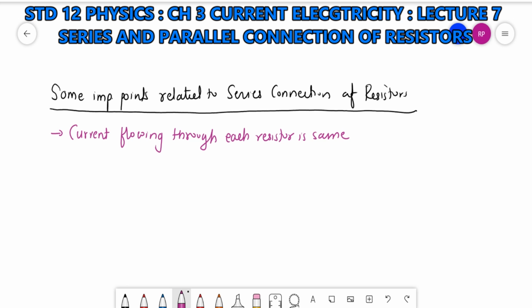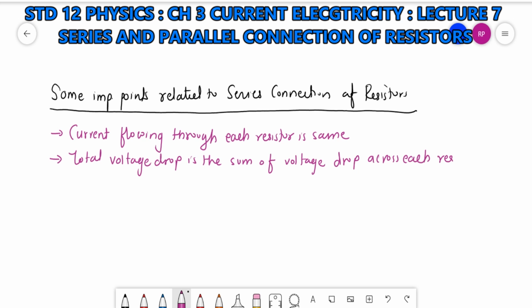The second point: the total voltage drop across all the resistors connected in series is equal to the sum of voltage drop across each resistor.